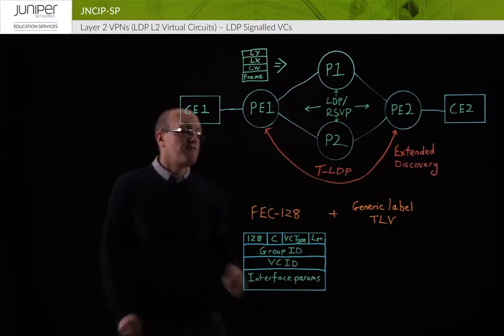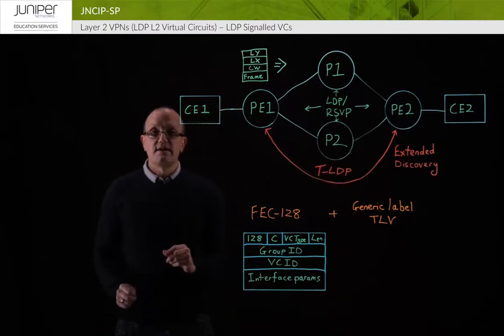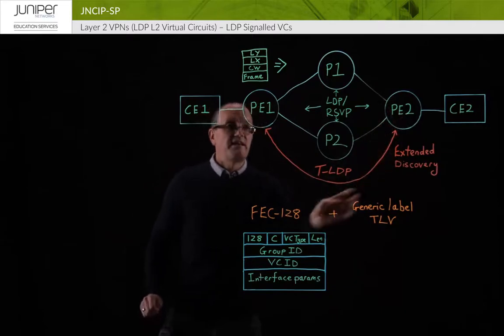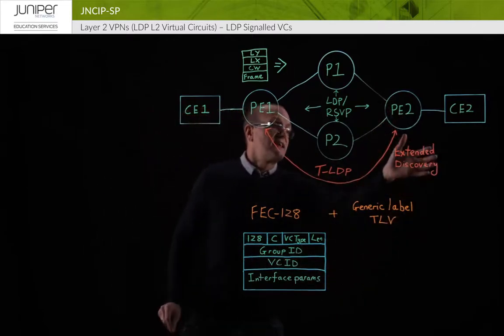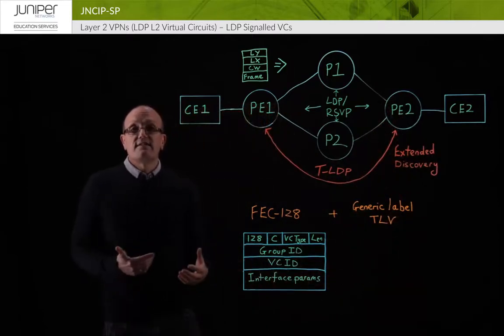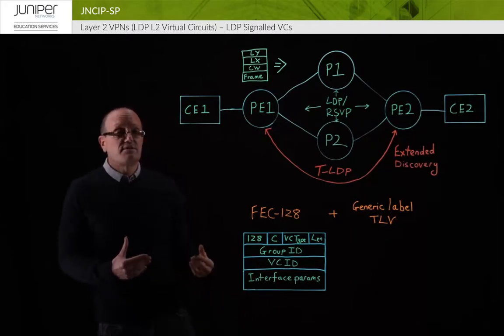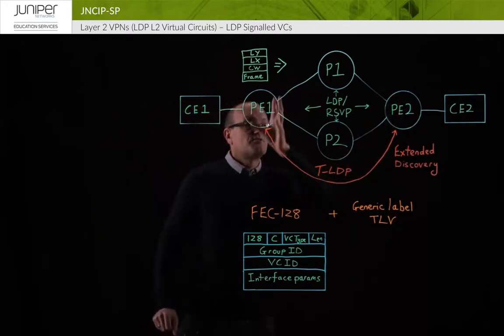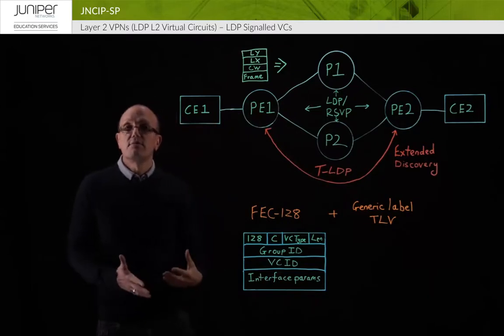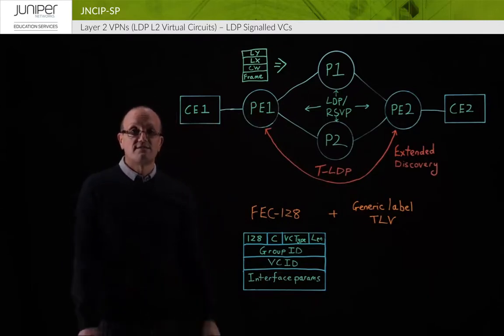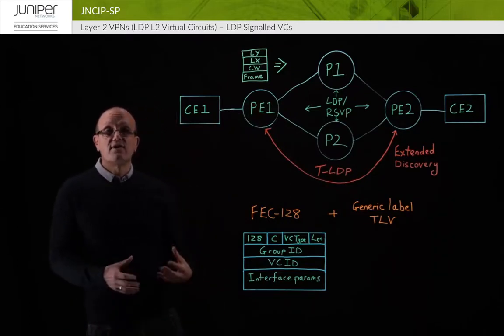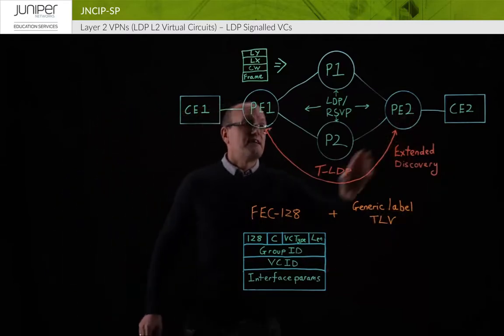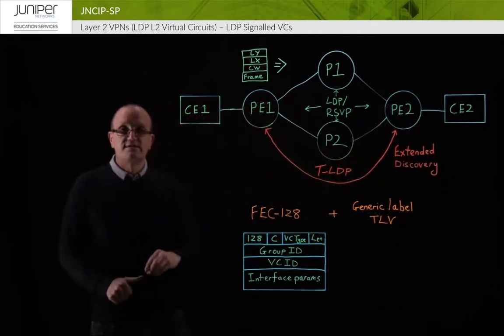Instead, we have targeted LDP. That's LDP that's been established using extended discovery. That is that we're immediately establishing connections between our PEs. We're not going through that multicast discovery phase. We're targeting our initial hello messages immediately at the desired PEs.